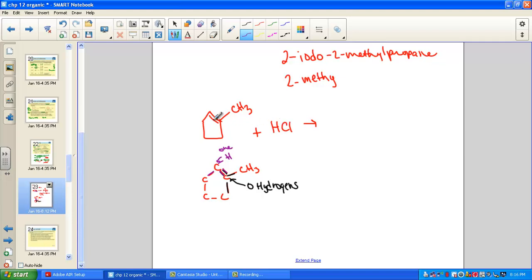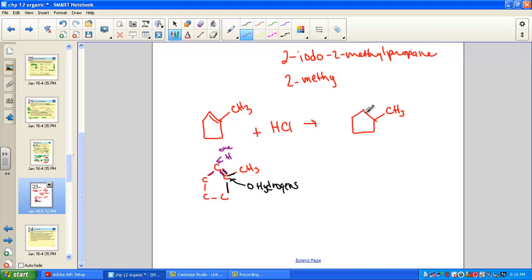So when I consider drawing this, I break the double bond, and our resulting compound is still going to have a cyclopentane, still going to have the methyl group coming off. The hydrogen attaches to the carbon that has more hydrogen on it.